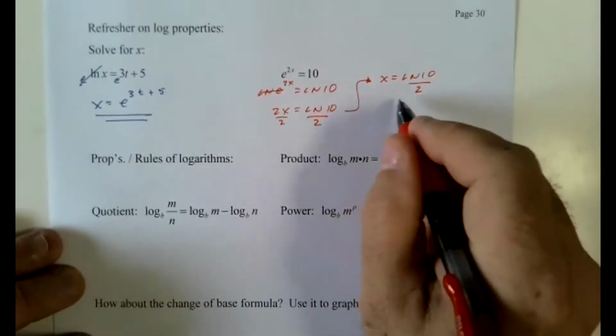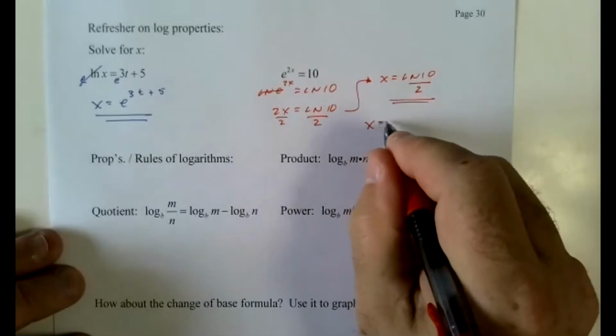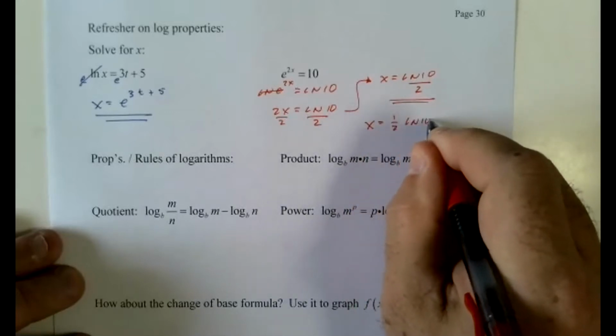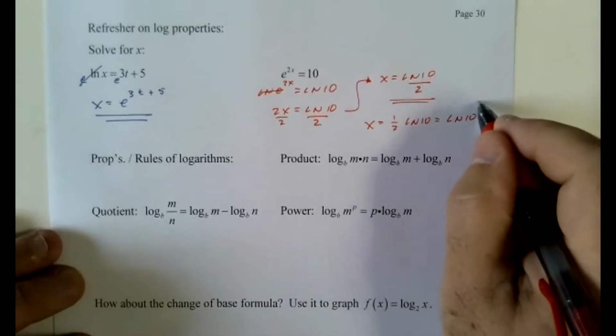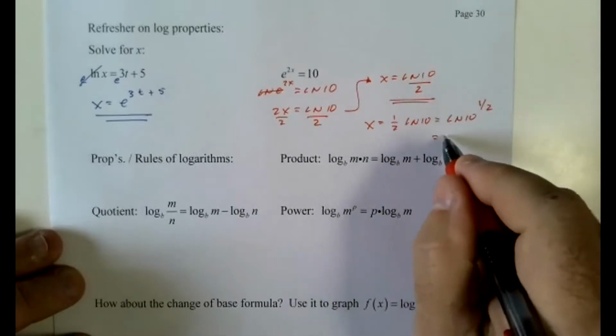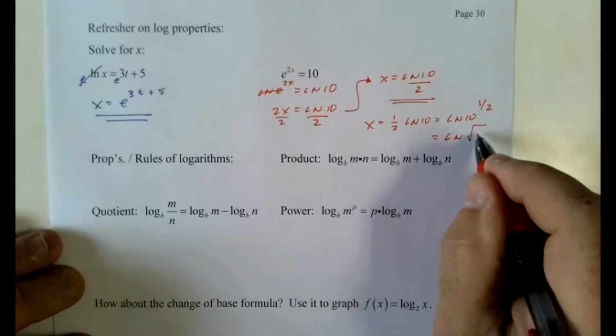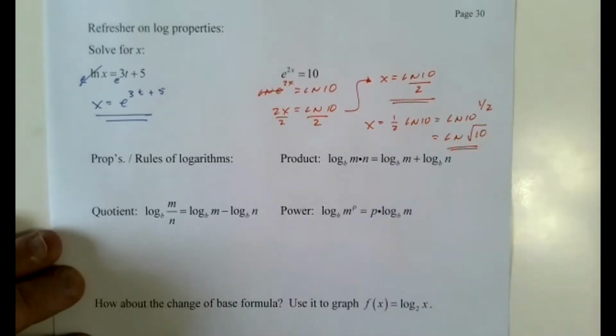Now notice, hey, we're done. 1/2 natural log of 10, which we could write as natural log of 10 to the 1/2, which we could write as natural log of square root of 10, which seems really weird.